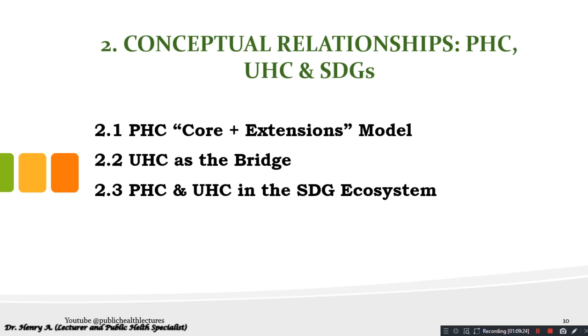When we say the service coverage index, we are simply asking, are people accessing the essential services? Are they aware of it? Do they have the knowledge that this is provided in primary health care? Number 2, the second key indicator, is financial protection. Are people protected from catastrophic health spending?